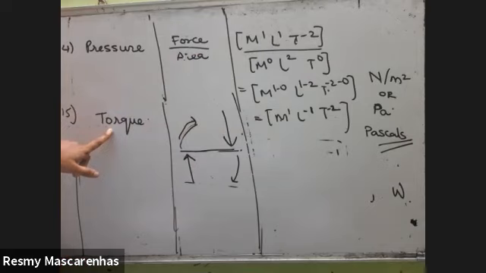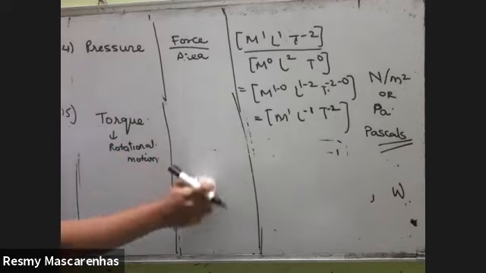So torque is nothing but like a rotational force, or the force which makes the object rotate. Same like opening your bottle cap, or even when you are driving a car, the steering. Both hands you will apply, one upwards and one downwards, and then the steering will start rotating. So torque is nothing but a force for rotational motion. You have to apply two perpendicular forces and then it will rotate.